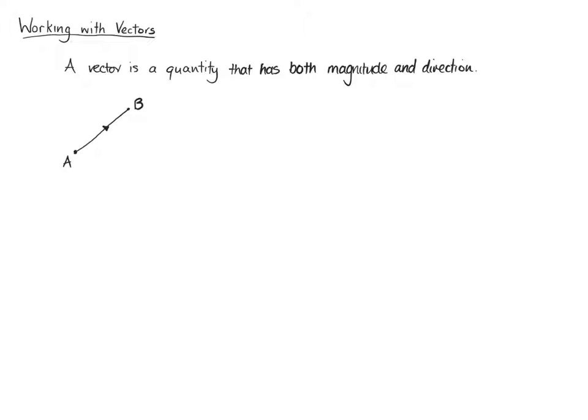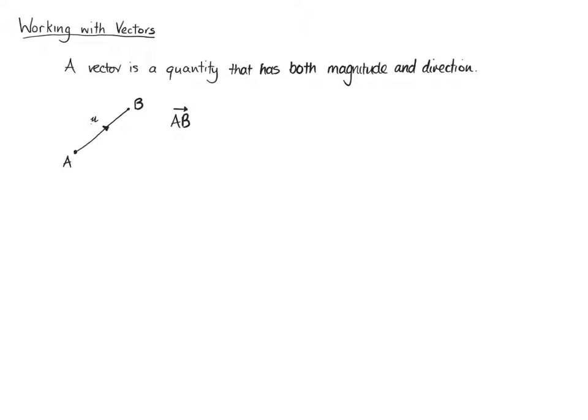And there's two different ways that we can denote this. The arrow tells us the direction we're going, so we're going from A to B. So we can call it vector AB, and that line on the top is the way of denoting that it's a vector if we're using the points.